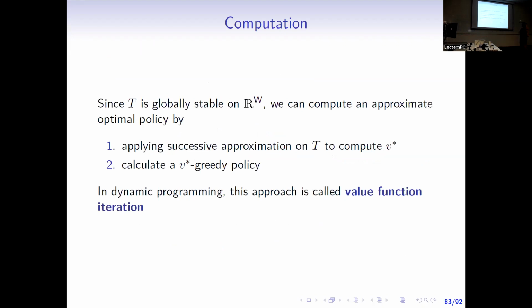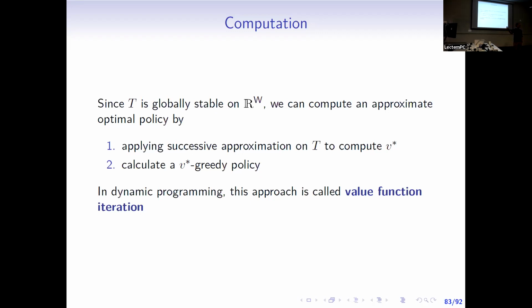All right, so with computation, we basically already expressed one way of solving for the optimal policy, at least approximately. And that was we're going to pick an initial v and take the Bellman operator, and we're going to iterate a bunch of times until I get close to v star. Now I've got something close to v star, I'm going to take that and compute a greedy policy.